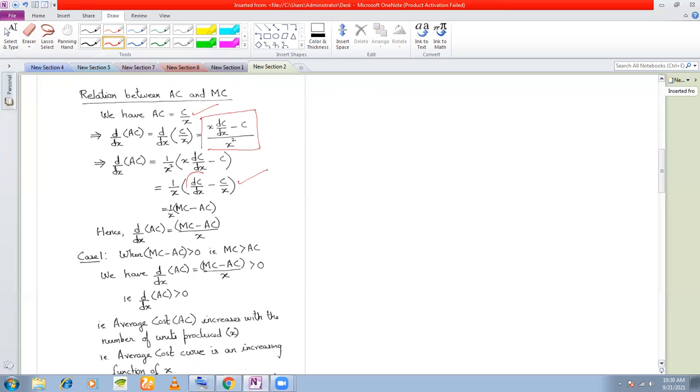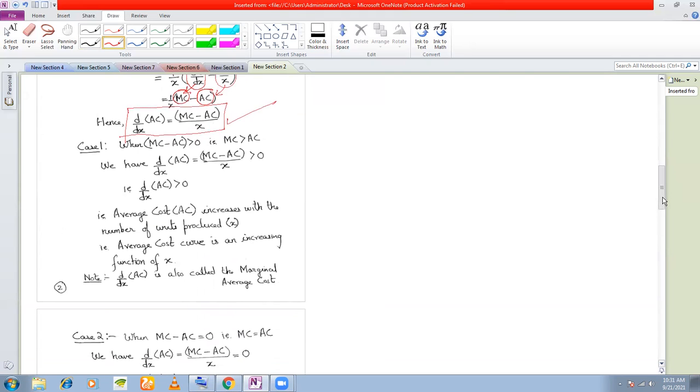That means dC/dx is the marginal cost, so I put it here, and average cost is C by x. So I have put C by x is equal to AC and dC/dx is equal to MC. Okay, so I get d/dx of AC is equal to (MC − AC) by x. This is a very important relation, the deduction of which comes in your exam. Okay, relation between marginal and average cost.